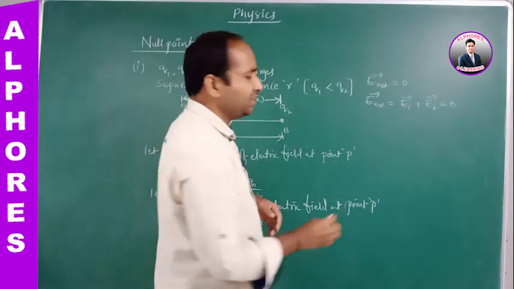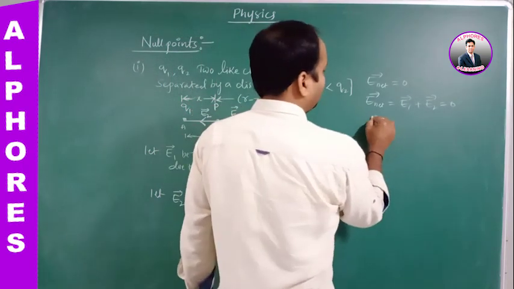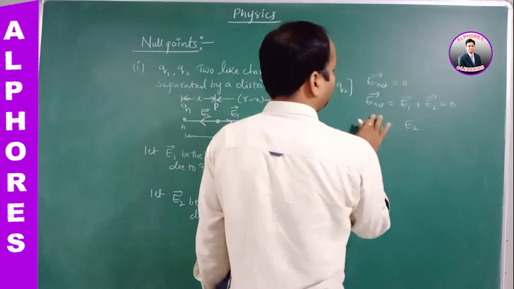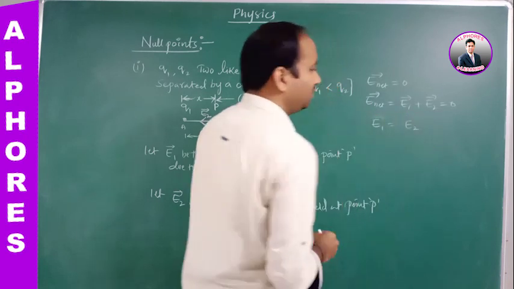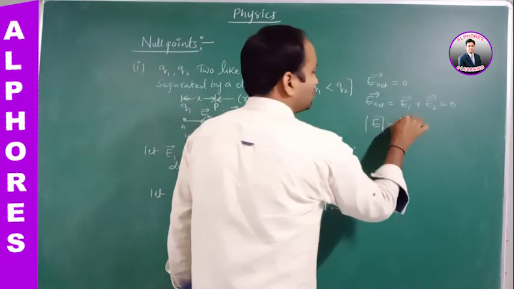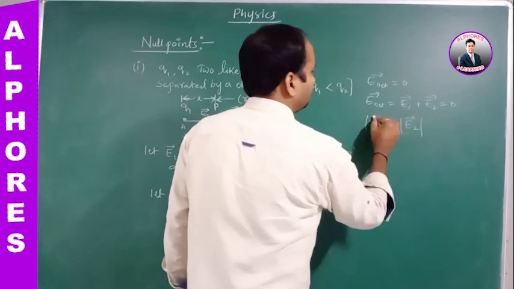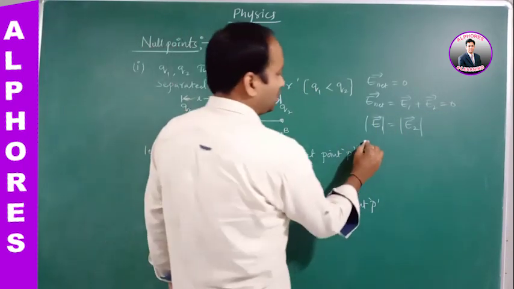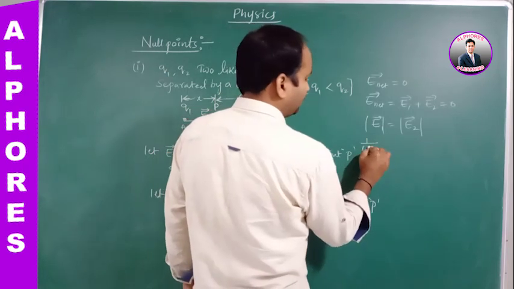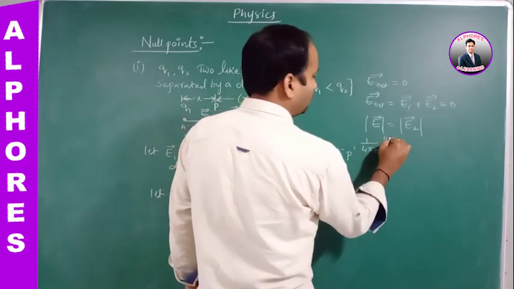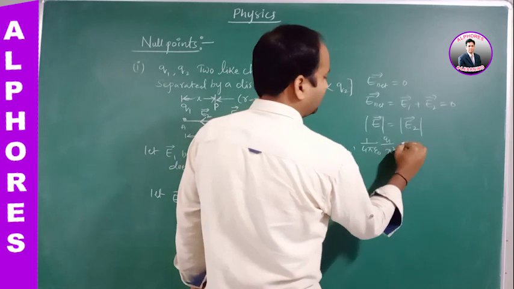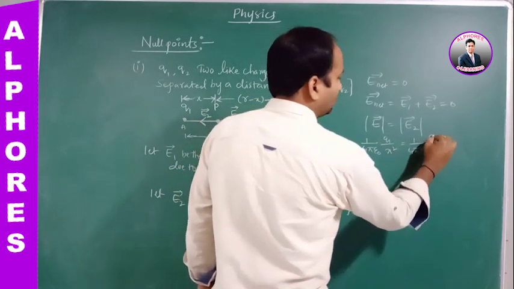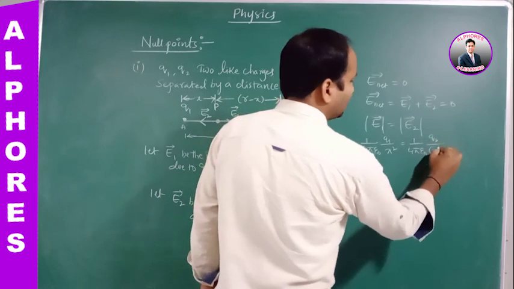So if the magnitudes are also equal, that is, magnitude of E1 is equal to magnitude of E2. What is E1? 1 by 4 pi epsilon naught Q1 by x square. And here, 1 by 4 pi epsilon naught Q2 by R minus x whole square.